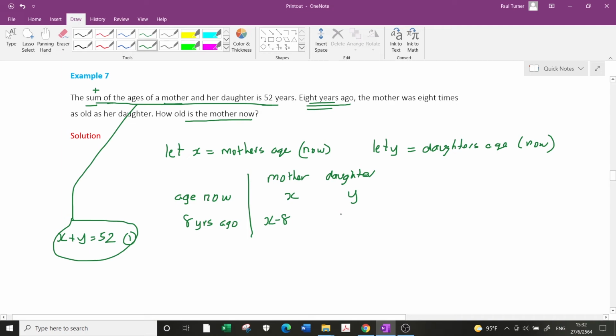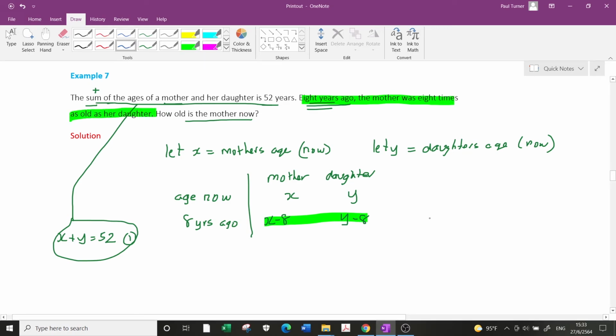And then the daughter, similarly, was y minus 8. That's how old she was 8 years ago. So if you're x now, 8 years ago, you're x minus 8. Okay, so we're going to need this information here. And it says 8 years ago, the mother was 8 times as old as her daughter.